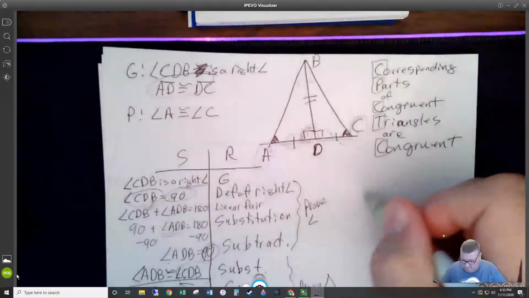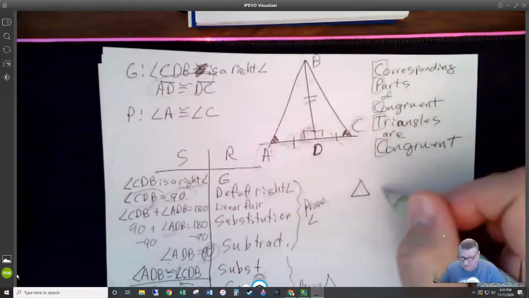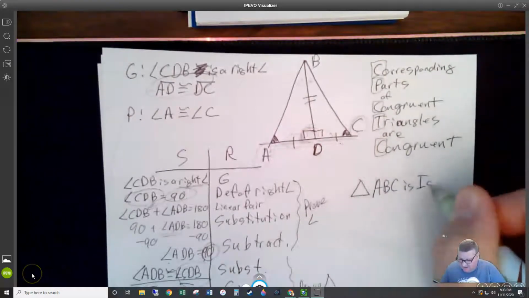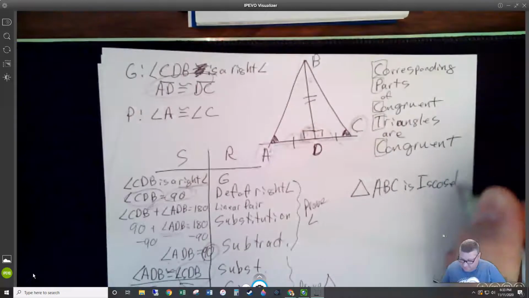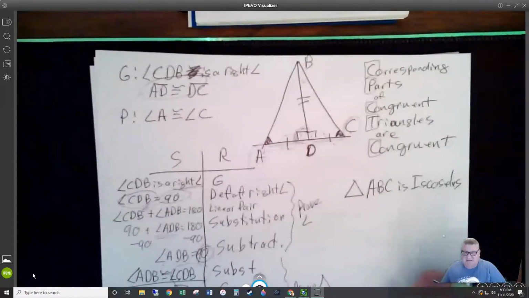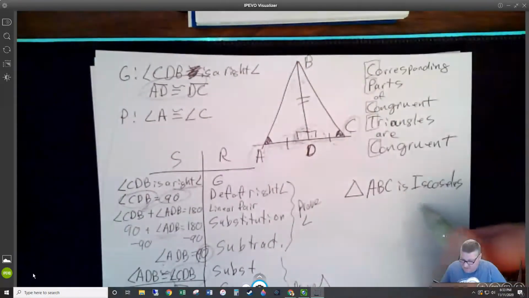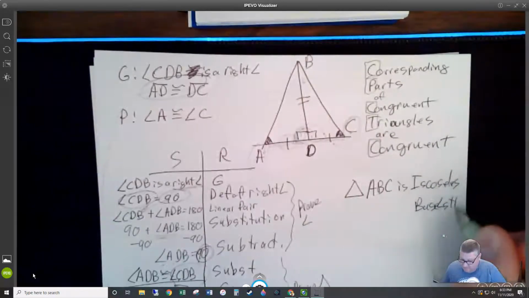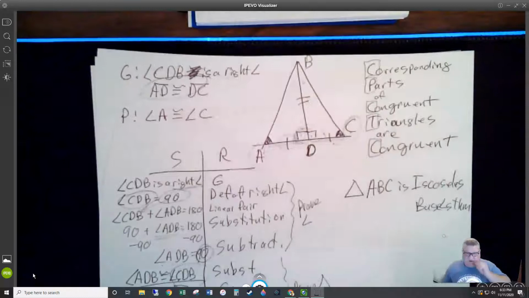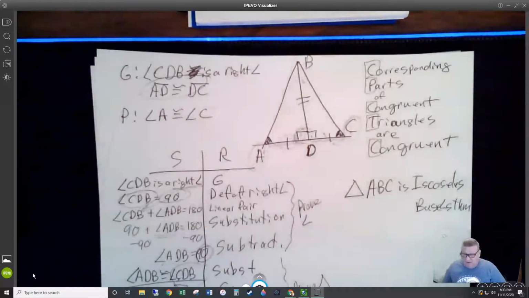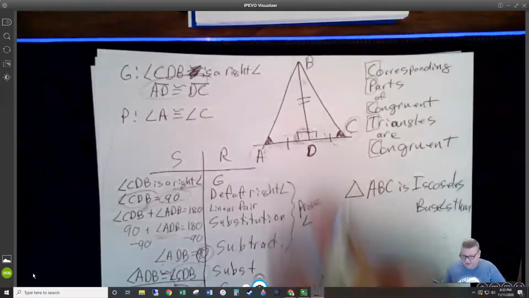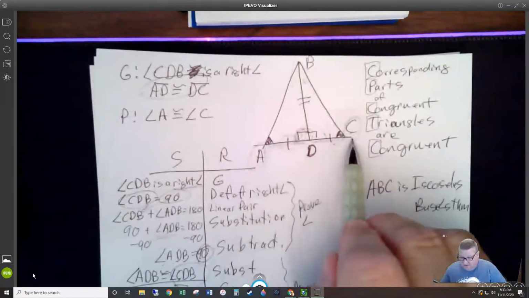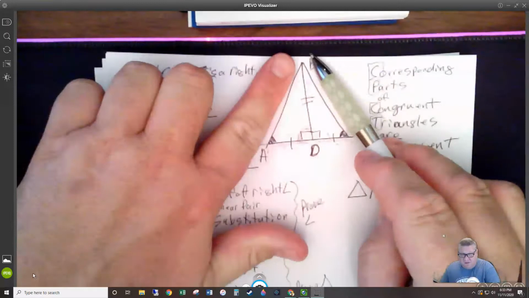Well, what you could say is that triangle ABC, let's just put it right up here, triangle ABC is isosceles. We could say it's isosceles because of base angles theorem. Now you say, but I thought isosceles meant two congruent sides. Well, it does. But if these two angles are congruent, then what's true about those opposite sides?